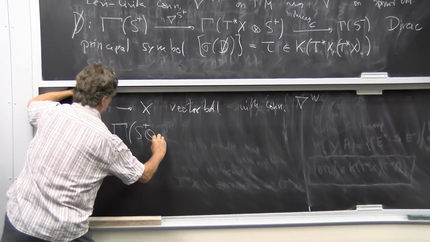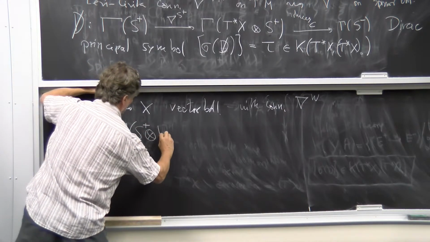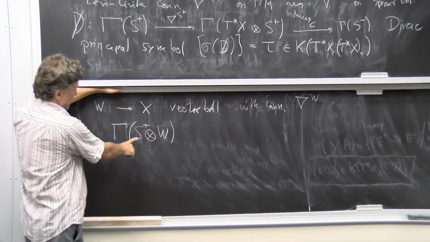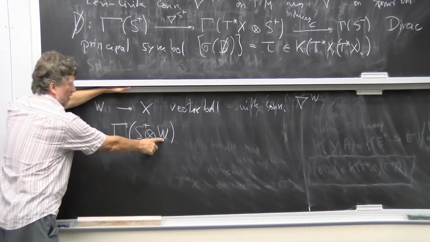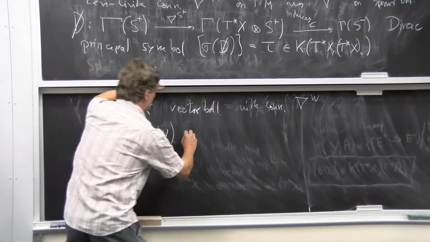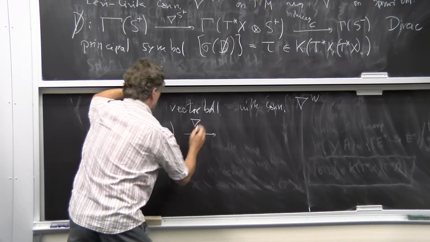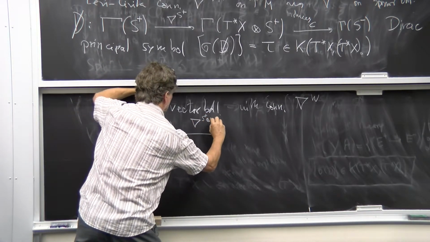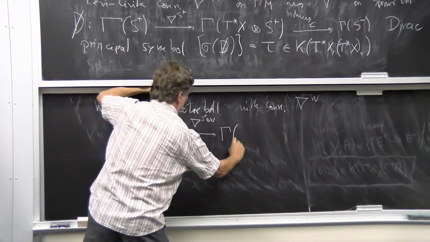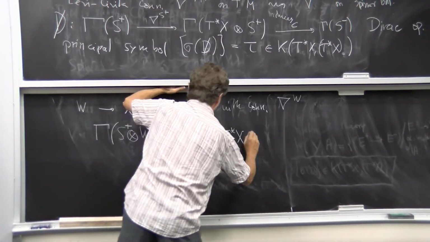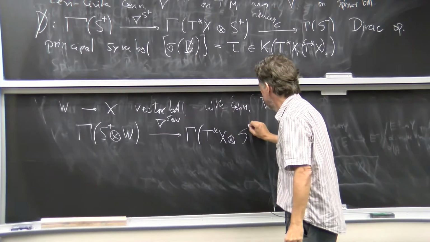Maybe you tensor your spinor bundle S plus with this vector bundle W. And hey, you have a connection on this bundle, you have a connection on that bundle, then you also have a connection on the tensor product of these bundles. So just let me denote it nabla S plus tensor W. That brings you into the sections of the cotangent bundle, tensor, that whole stuff.